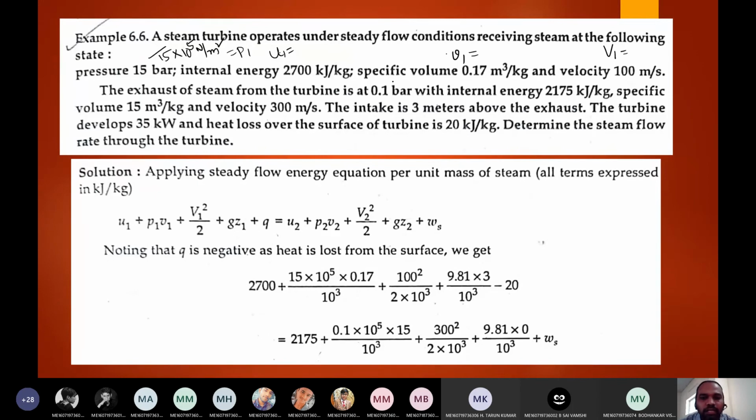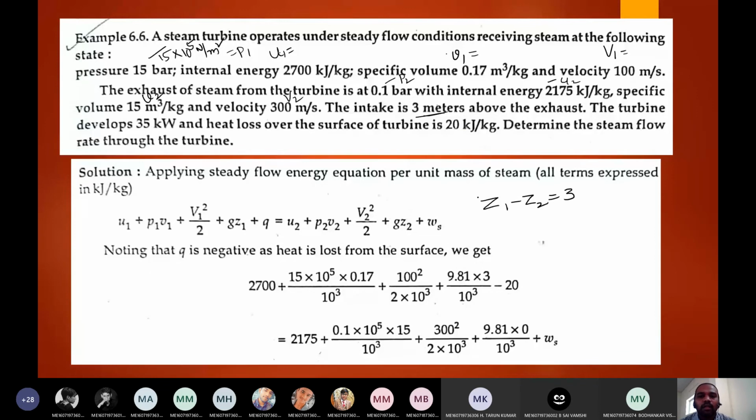And the exhaust conditions, P2 is given, convert this bar into Newton per meter square. U2 is also given, internal energy. Specific volume small v2 is also given, and velocity. Means you have 4 data at inlet and outlet. The intake is 3 meters above the exhaust. What is the meaning? Z1 minus Z2 is 3 meters. Agree?